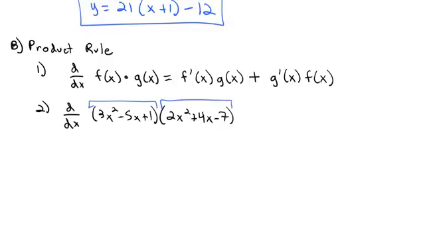So the formula says we take the derivative of the first part. The first part, the 3x squared, let's color code these. We'll do the first part in blue and the second part in green, just so we can see how this works out. So in blue, the derivative of the first part is 6x minus 5. Then that is multiplied by the second part, 2x squared plus 4x minus 7.